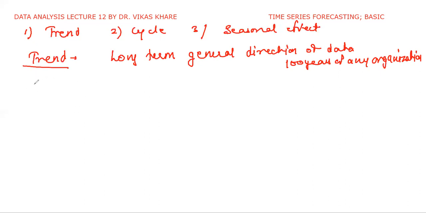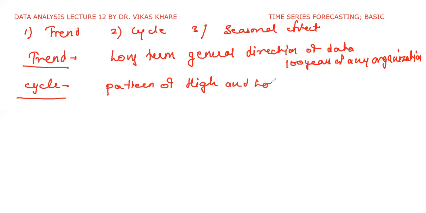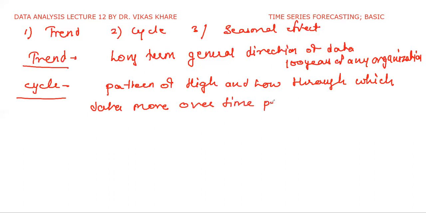After that, the next type of time series forecasting is the cycle: a pattern of highs and lows through which data moves over a time period, usually more than a year.